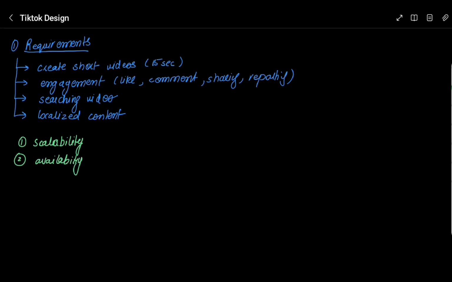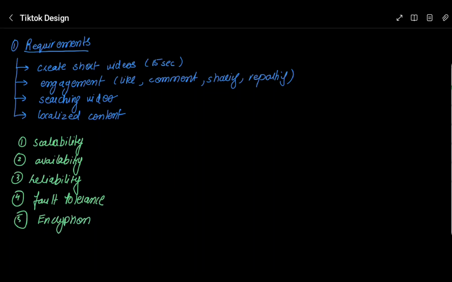We need reliability metric. We need fault tolerance. And the fifth one would be encryption. So before we propose our final design, we'll be making sure that we are covering all these 5 metrics within our architecture.